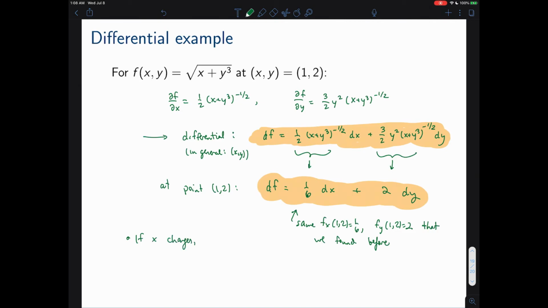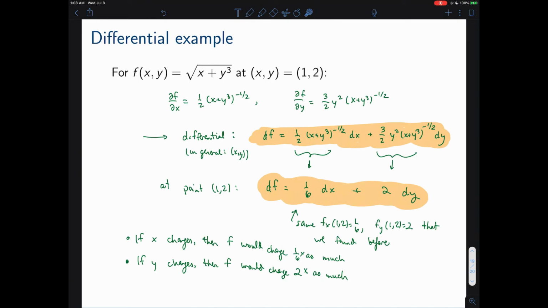Like if x increases by a certain amount, then f would increase 1/6 as much. And if y changes, then f would change 2 times as much. Double.